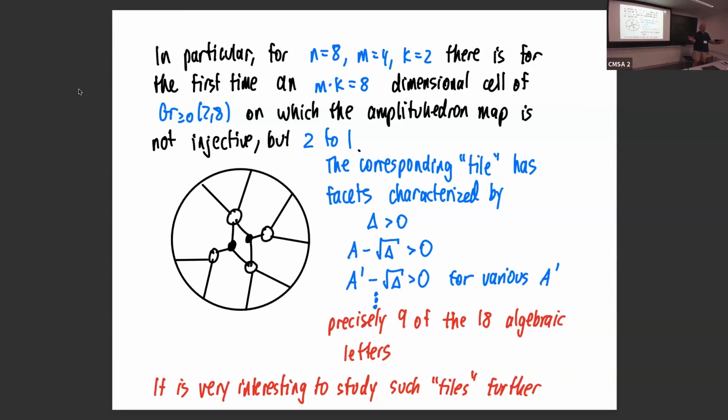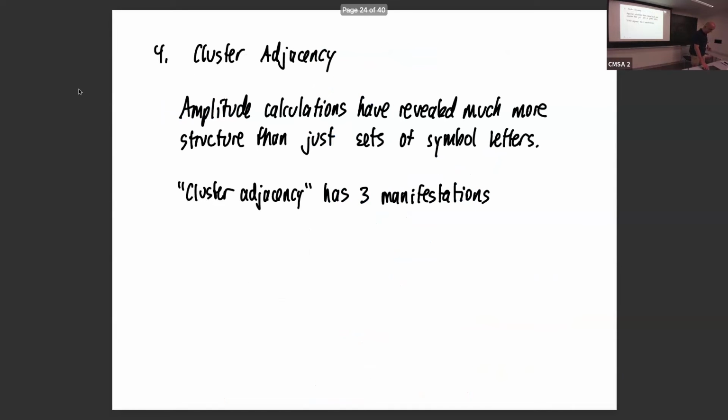So to take a step back, let me remind you, we're just trying to find some other kind of mathematical game whose solution describes the same pattern or the same structures that we're seeing in amplitudes. But regardless, it would be very interesting to study such tiles, in quotes, further.